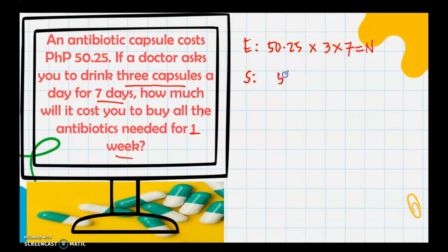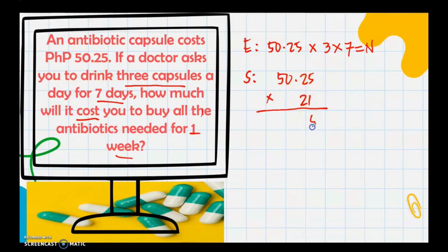So multiply 50.25 times 21, because the question is how much will it cost? So how much are you going to pay for the antibiotic capsules? Because usually if you're going to drink antibiotics, it's really 7 days.